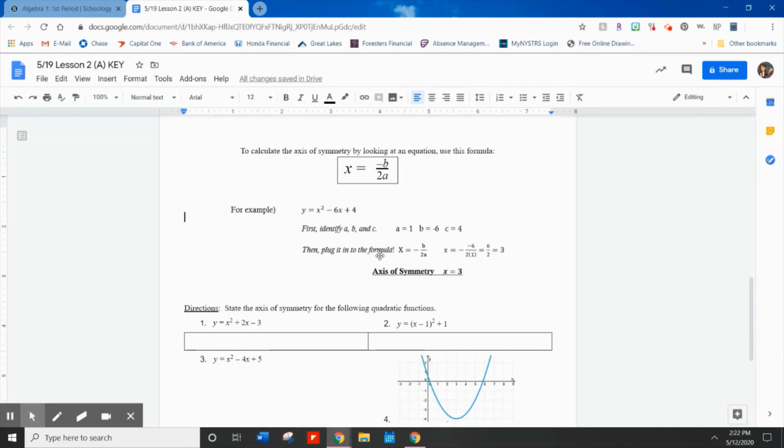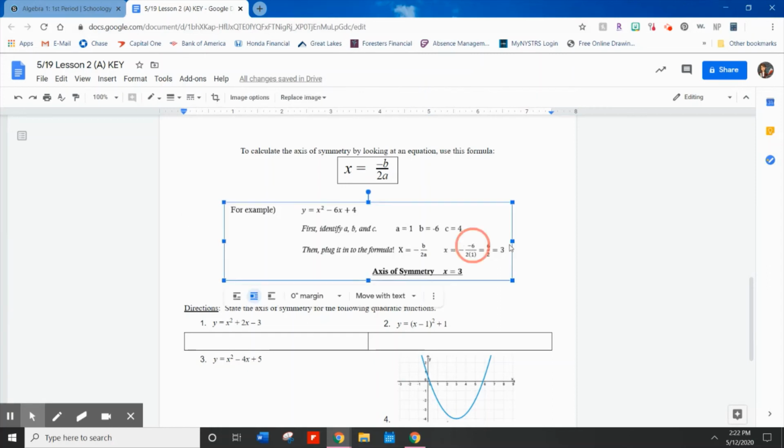But there's always a way to get around it. So here we've got x equals -b. My b value is this -6 right here, so -6 all over 2 times a, which is 1. Now we have a double negative here, -(-6), so that turns into a positive 6, divided by 2 is 3. So my axis of symmetry is x equals 3.